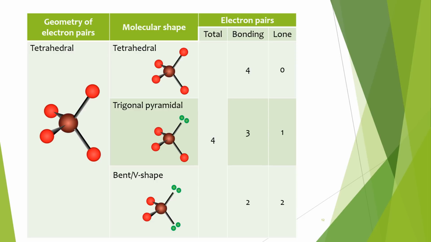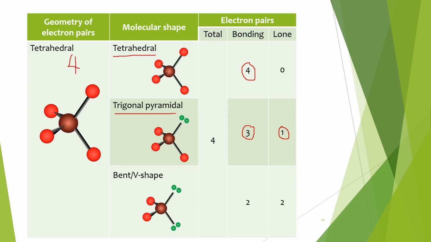Next, when the number of electron pairs is equal to 4, the geometry of the electron pairs is tetrahedral. For the molecular shape, if all the electron pairs consist of 4 bonding pairs, the molecular shape is the same as the geometry, which is also tetrahedral. In the second case, if the electron pairs consist of 3 bonding pairs and 1 lone pair, the molecular shape will be trigonal pyramidal.